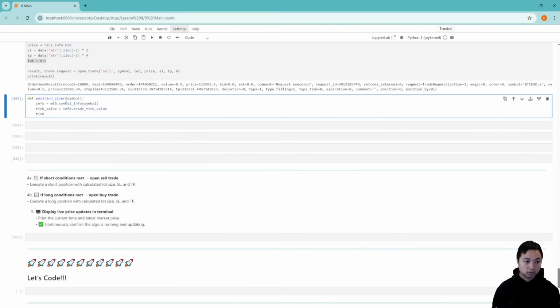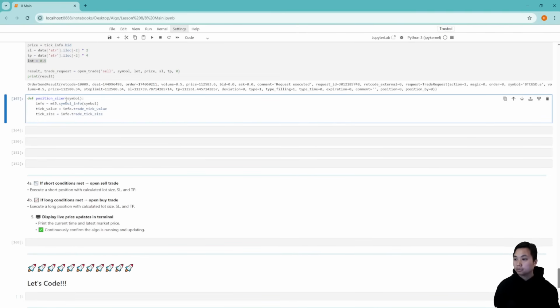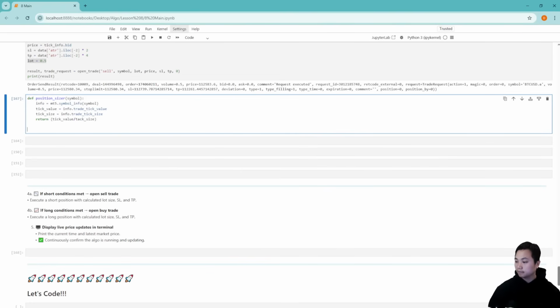And we would like to know the tick size. It's the info trade tick size. And then we need to do a little bit of normalization because different instruments have different tick sizes. And then finally, we would like to return the tick value divided by the tick size.